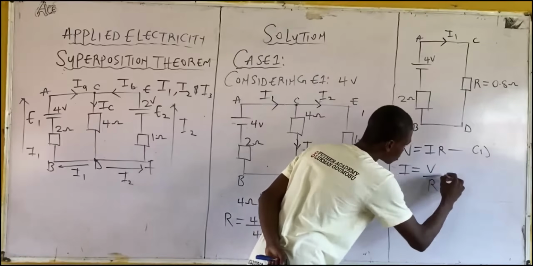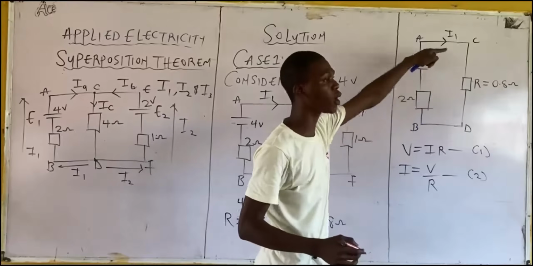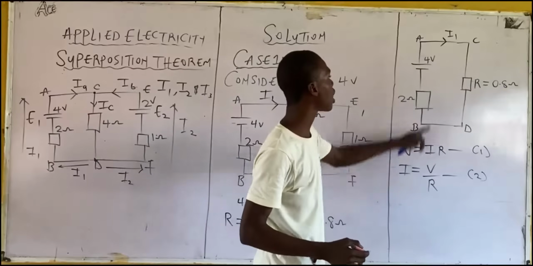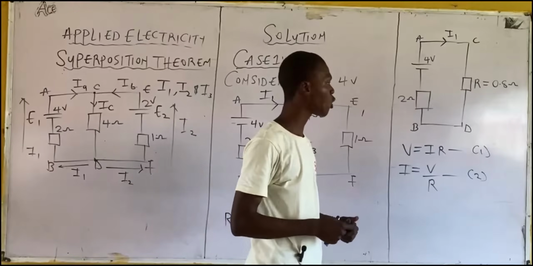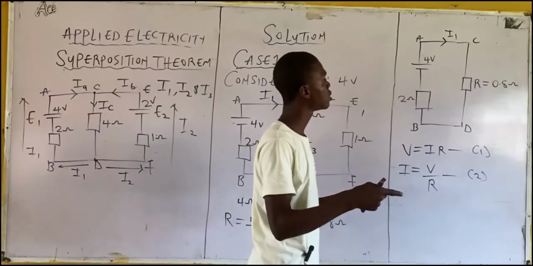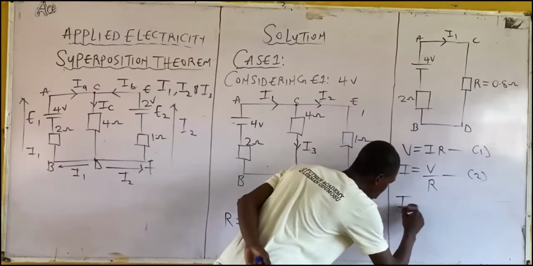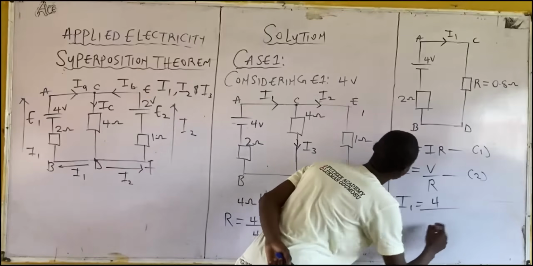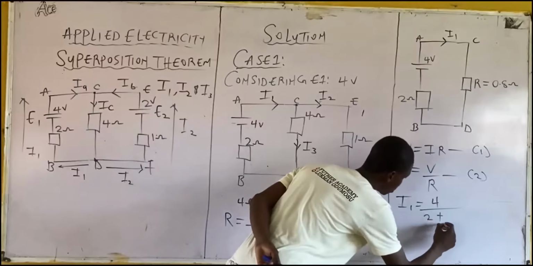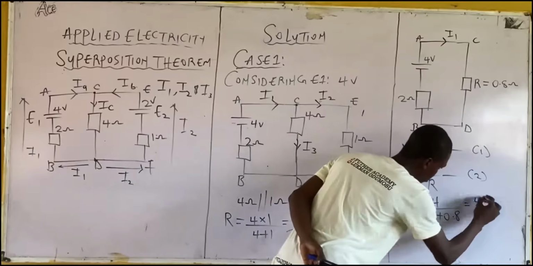V over R. So to get the value of current here, which is I1, you are implementing Ohm's law. Now, what's the voltage? 4. What's the resistor? 2 and 0.8. Meaning that I1 becomes 4 divided by 2 plus 0.8. Then what do you have? What's the value?